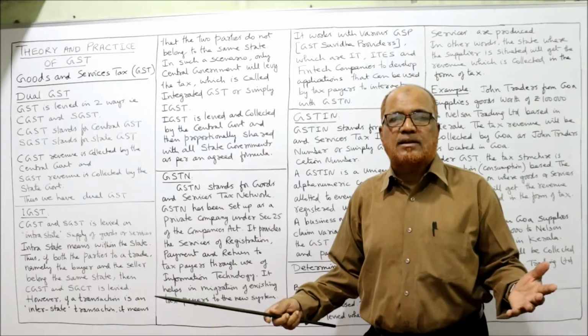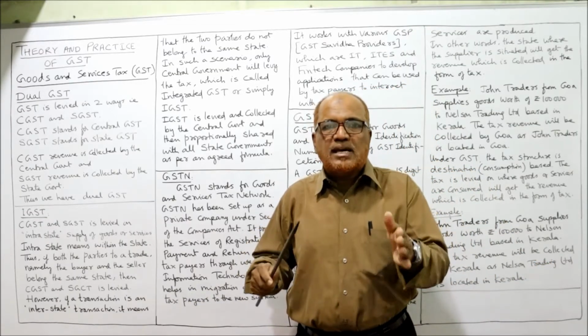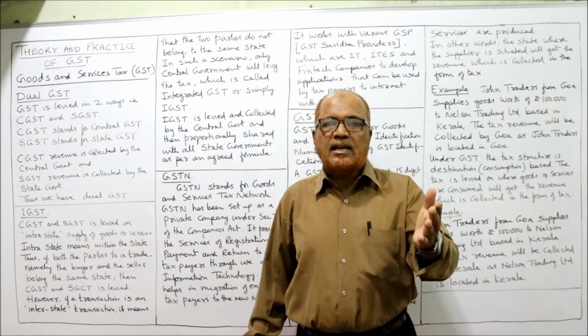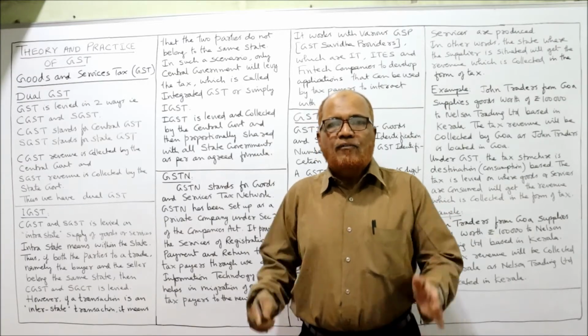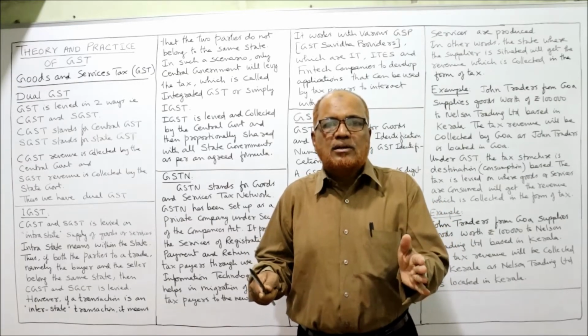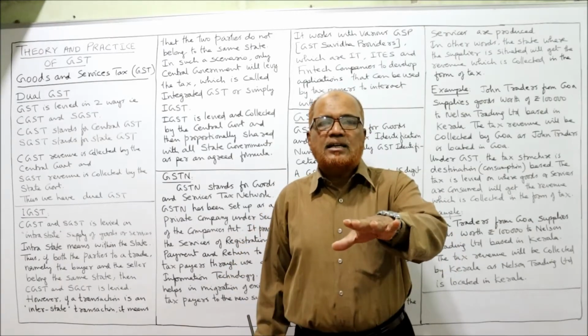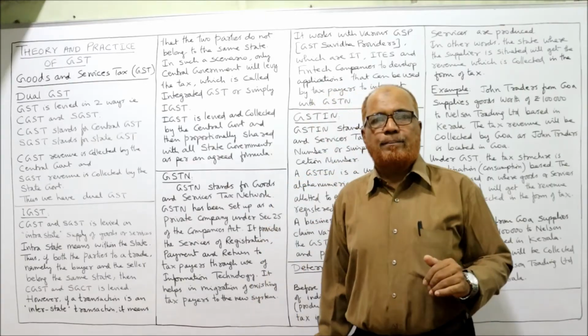What is this IGST? If the buyer and seller belong to the same state, that means the transaction of buying and selling, the services provided or goods supplied, is within the same state, then CGST and SGST will apply.